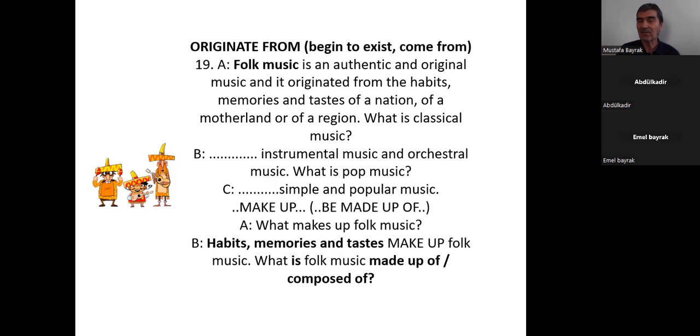This is active form. What is folk music made up of? Or what is folk music composed of? Folk music is made up of habits, memories, and tastes of a nation, of a motherland.